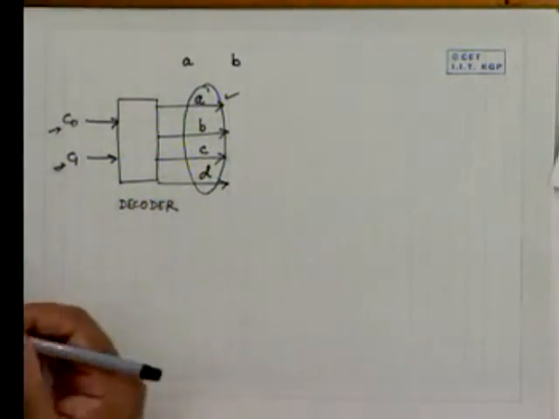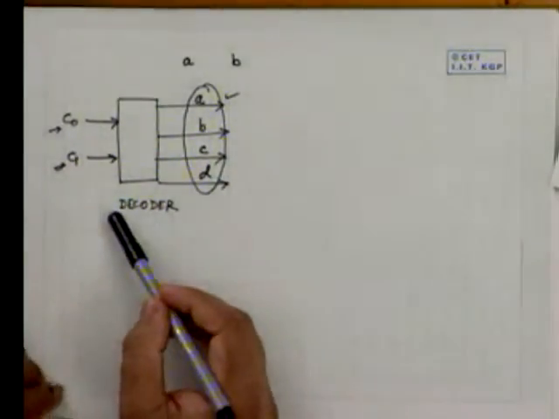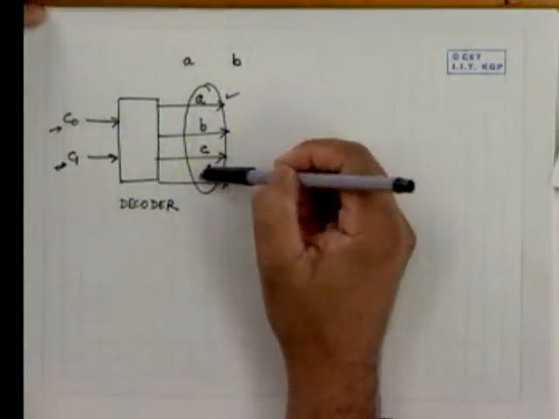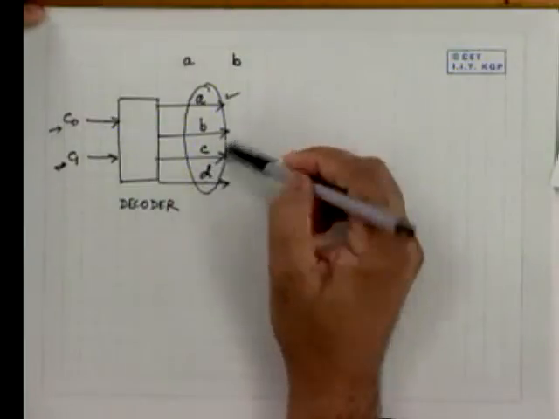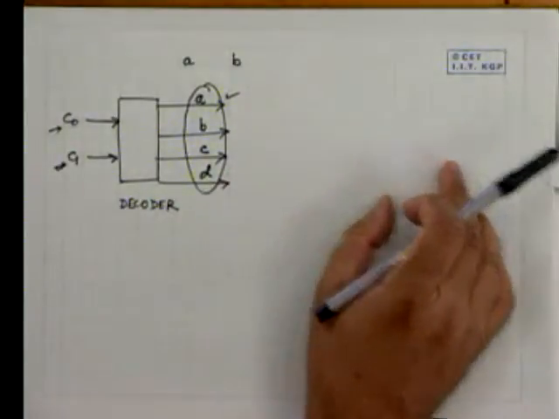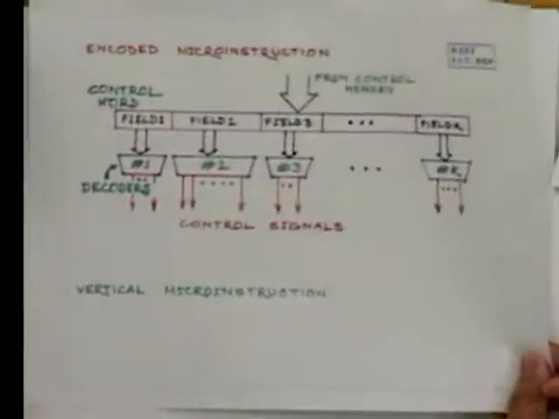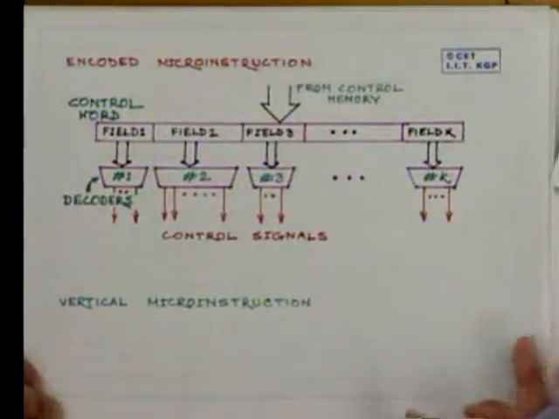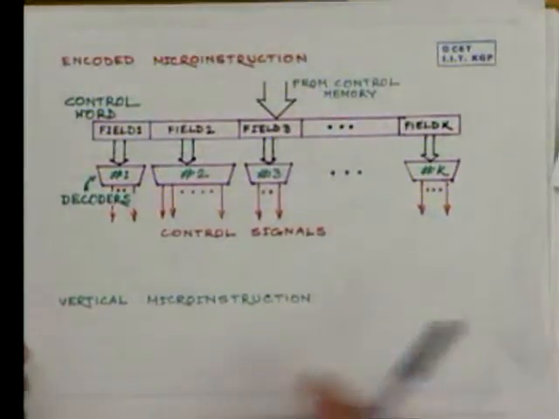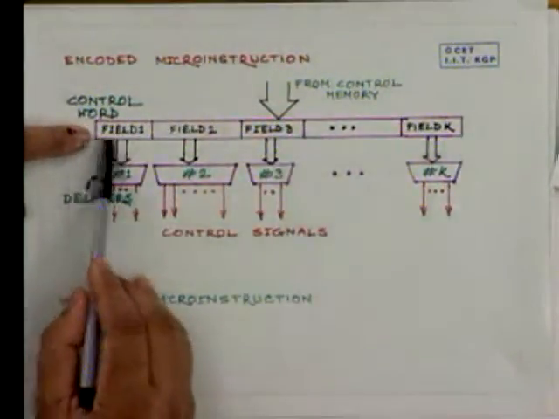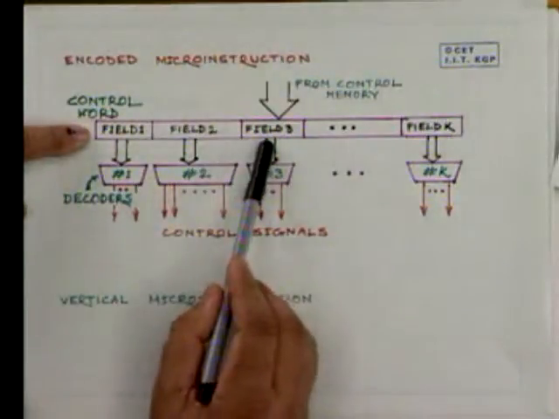Now, if we encode mutually exclusive control points this way, then we can reduce the number of fields. This is an example of an encoded microinstruction. Here you see that the entire control word has been divided into fields, say field 1, field 2, field 3, and field k.